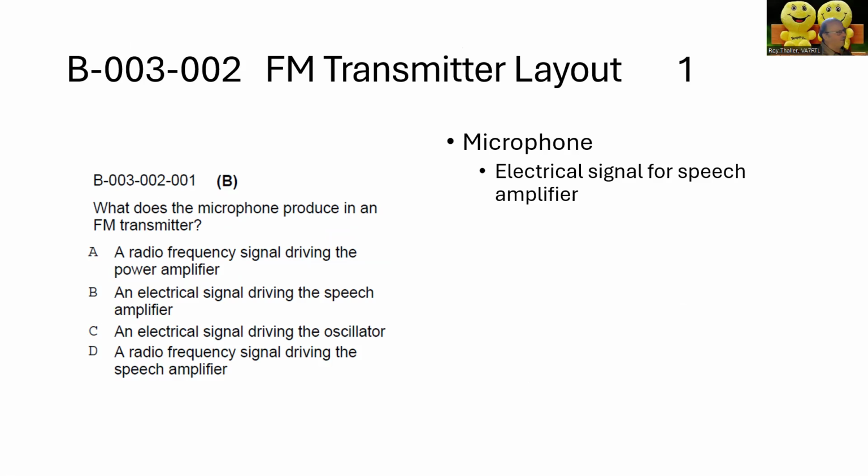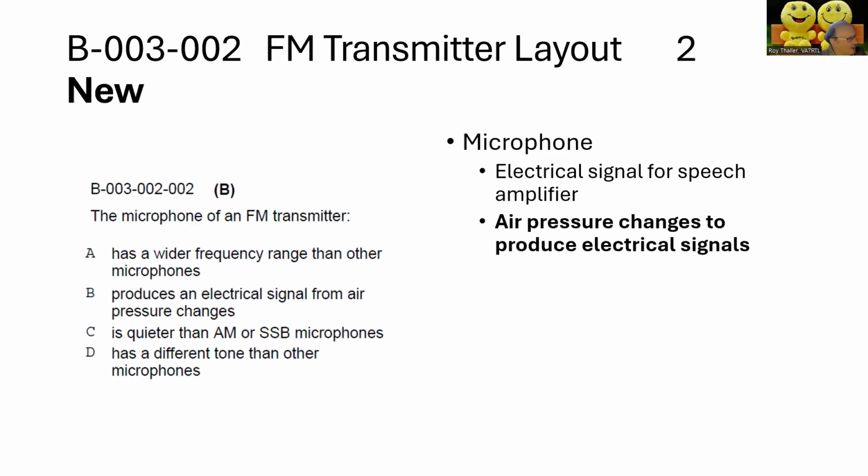Now we're getting into transmitter, FM transmitter layout. So what does the microphone produce in an FM transmitter? So the microphone is an electrical signal driving the speech amplifier. Here's a new question.